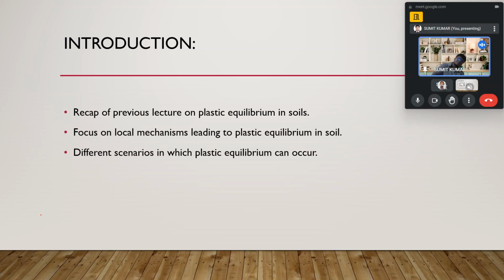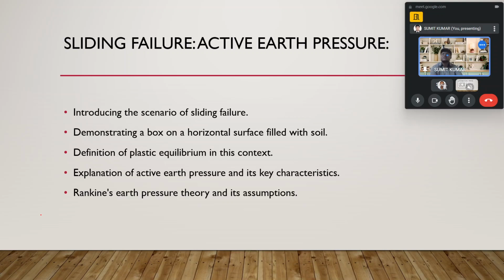When we recap the previous lecture on plastic equilibrium in soil, the focus was on the local mechanism leading to plastic equilibrium and the different scenarios taken into account. We studied scenarios like a slope, a retaining wall, and railway sections, where we increase the height of the section with the help of walls or braces. So those are different conditions.